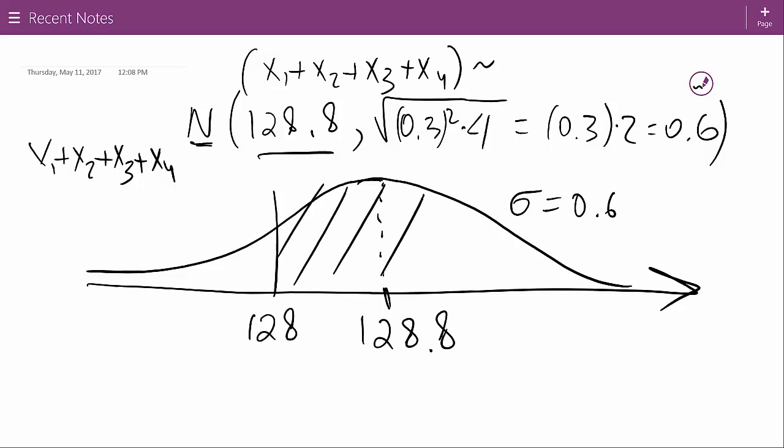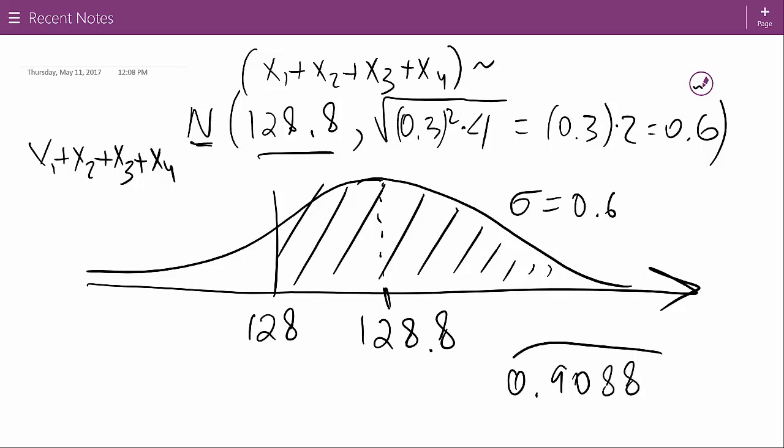That means it's to the right of the number 128. So this is what happens graphically in my case, and it should give me 0.9088. So I know the answer. It's just a matter of verifying it with JMP now. So we will see if I was lying to you or maybe I was telling the truth.